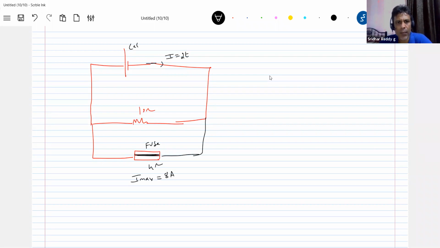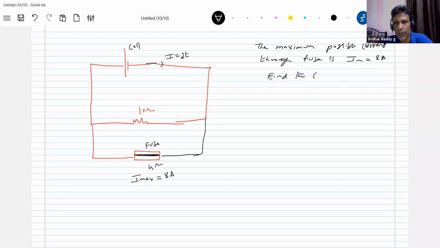This is the cell. We don't know much information about this. The maximum possible current through the fuse is 8 ampere. So the maximum possible current through the fuse is I max equal to 8 ampere.